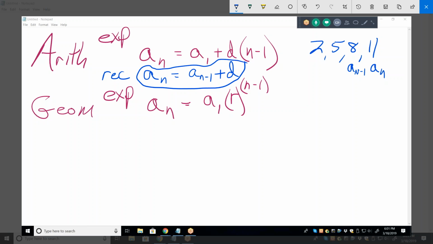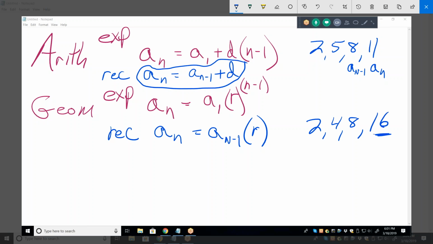Okay. For the geometric, the recursive definition would be what? Remember, it's always related to n minus 1 term. Times the common ratio. Yep, you got it. In other words, a geometric sequence might be this.